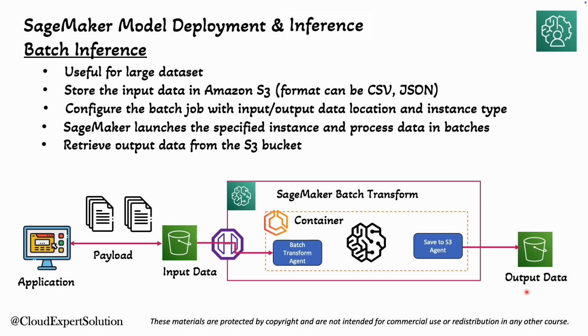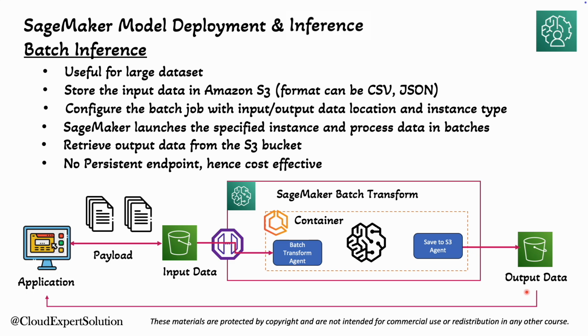Then your application will retrieve the output data from the S3 bucket and analyze the predictions. In this case, you don't need a persistent endpoint. That is why it will be the most cost-effective option if you have a periodic batch processing requirement. Please remember, this is the perfect use case if you have a periodic data processing requirement or if you want to process a large chunk of data.